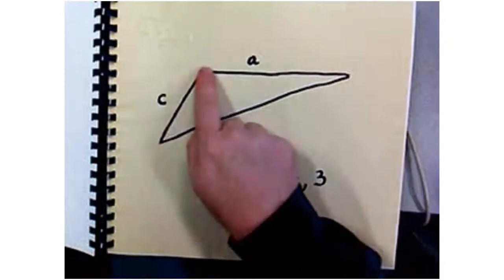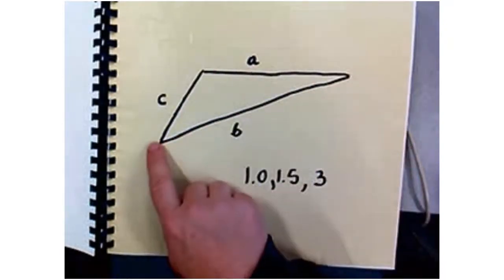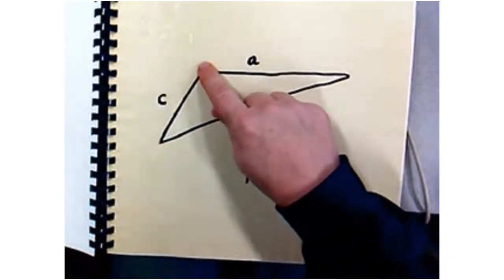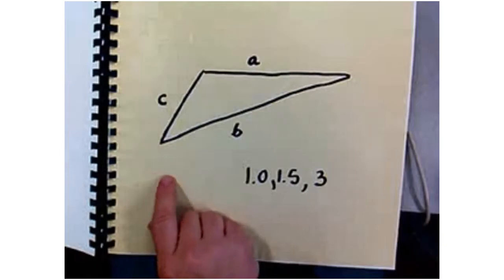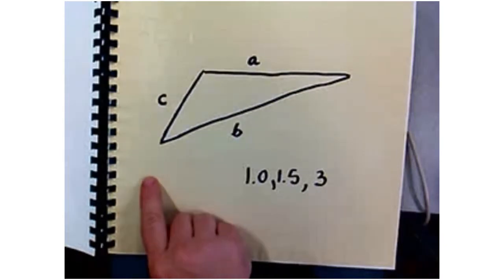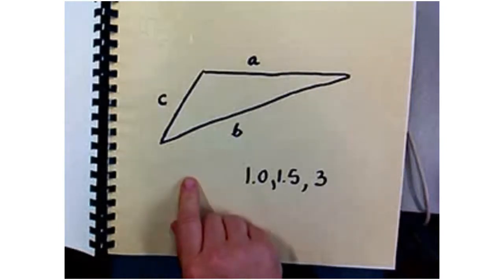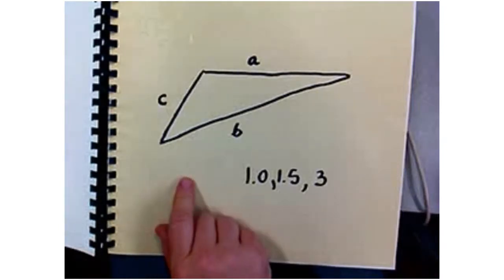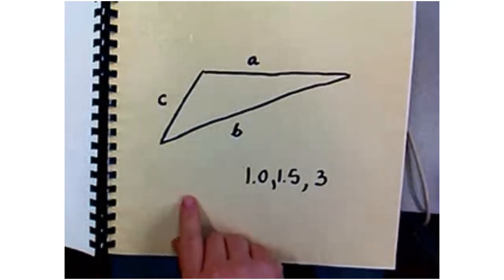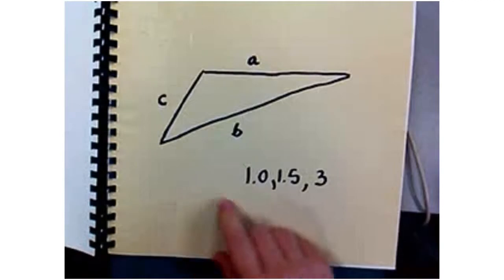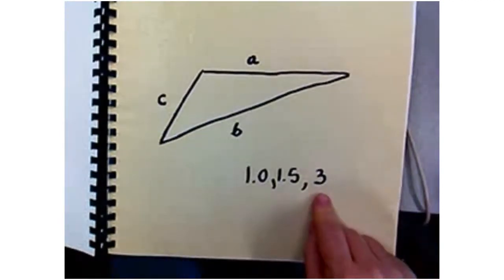So we have a triangle with the side A at the very top, the side B at the bottom, and the side C on the left. And in symbols down below, it shows the theorem with the math. So side C plus A has to be greater than B. Side A plus B has to be greater than C, and side C plus B has to be greater than A. In that paragraph we just read, it said 1, 1.5, and 3 are not possible.